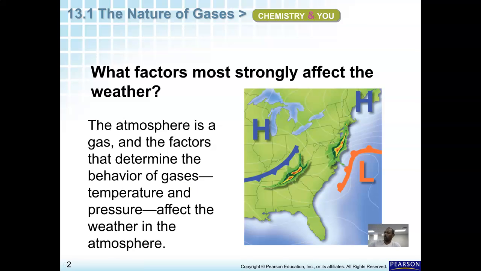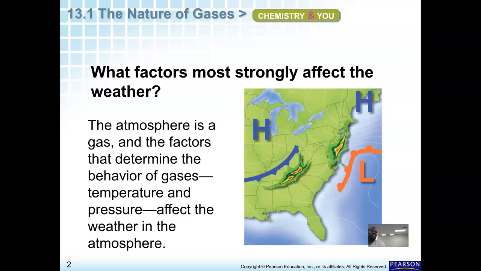gases, one of the things that we are already familiar with is our weather. The weather we live in, or the condition of the atmosphere around us, is determined by the gases in our atmosphere, so the behavior of these gases will be affected by the temperature and the pressure of the surroundings.